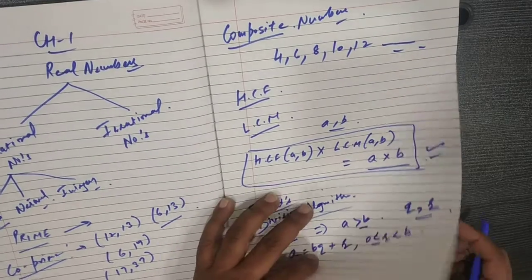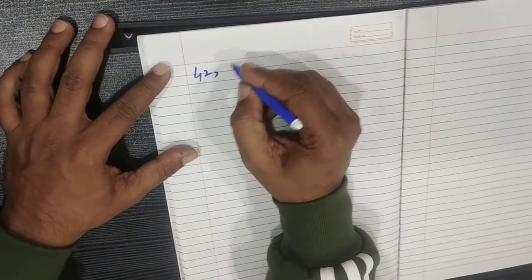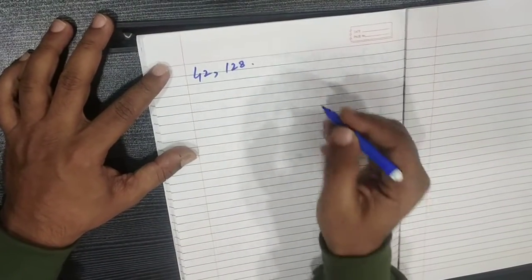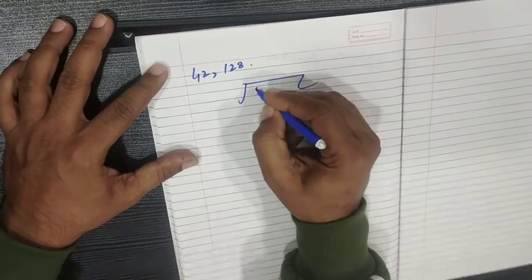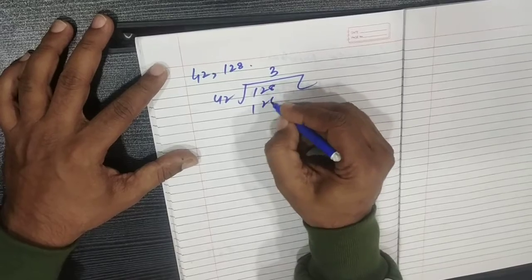I can explain you with the help of an example. Suppose I take two numbers 128 and 42. Now I am going to divide this 128 by 42. 42 3s are 126.